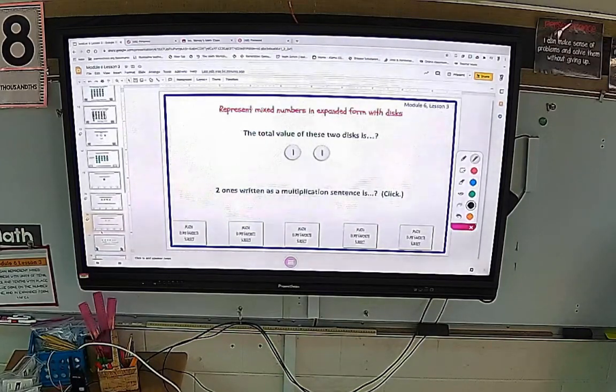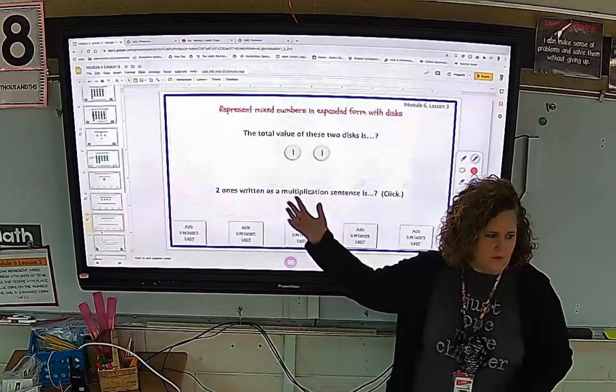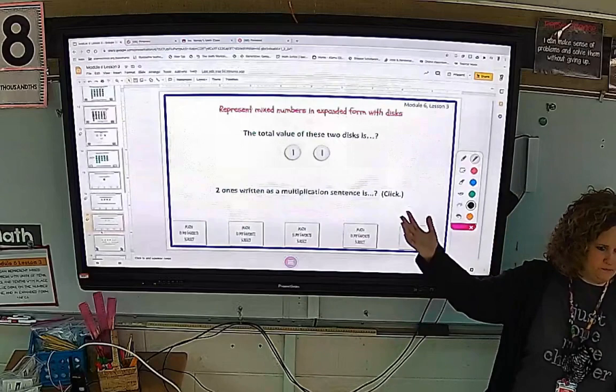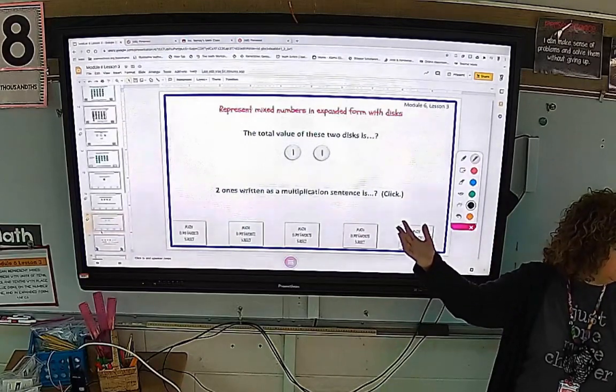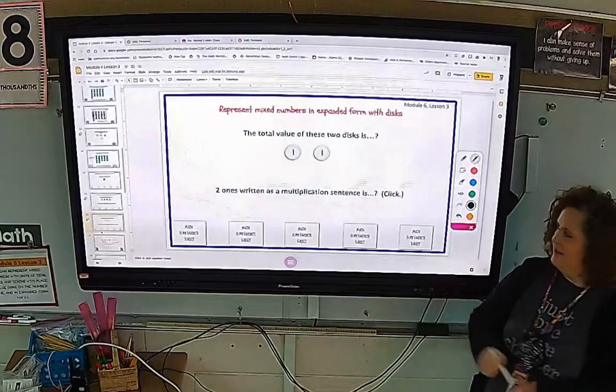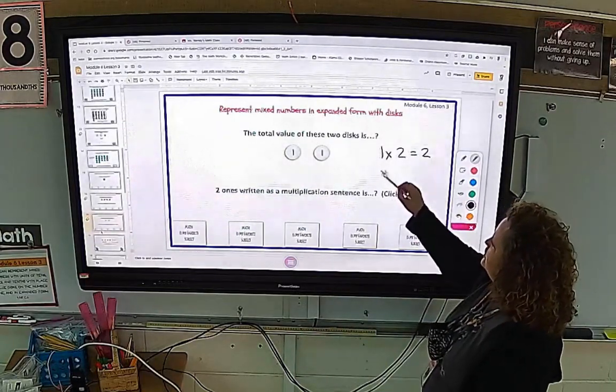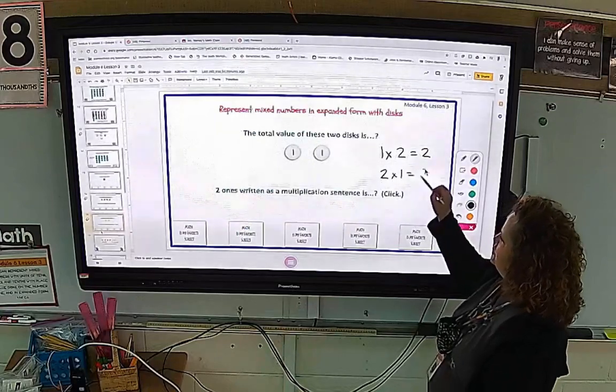What is a multiplication sentence that could go with this? Show me. Okay, that's what I'm looking for. 1 times 2 is equal to 2, or 2 times 1 is equal to 2.